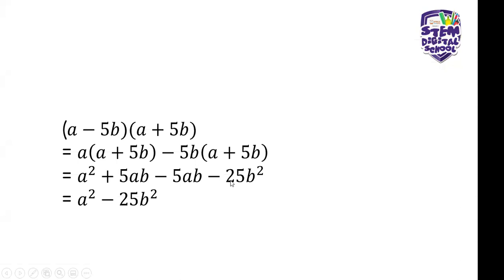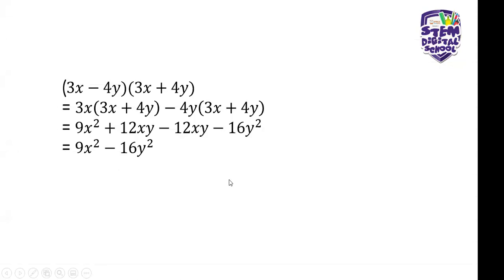So I'm rushing a bit. I hope that I don't leave you behind. The next one as well is also the factorized version of the difference of two squares. So 3x minus 4y into 3x plus 4y. Remember, we once had a similar problem, x minus y into x plus y.